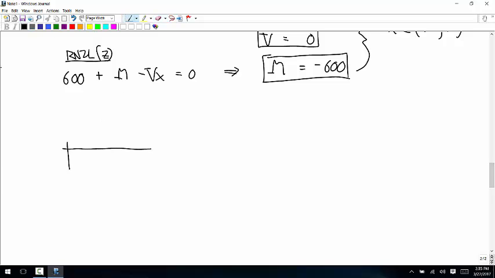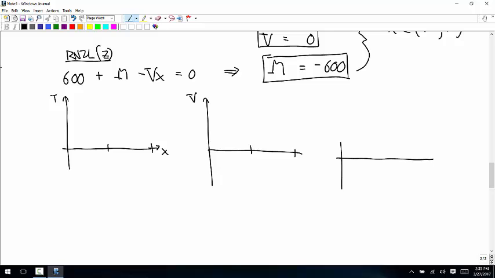So we have the tension, shear force, and bending moment. The shear force was 0 everywhere. The bending moment was negative 600 everywhere.